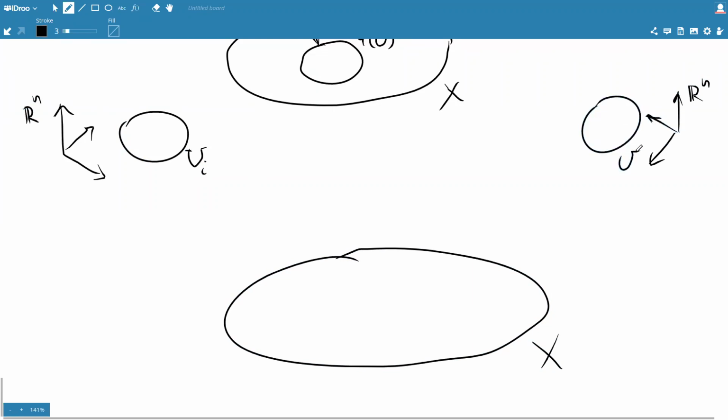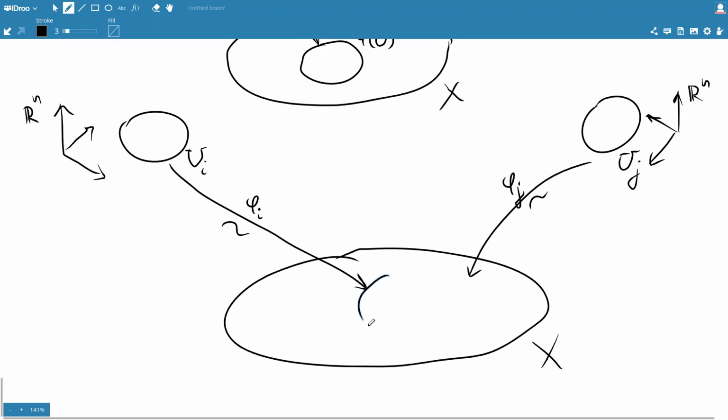So U_j, and assume that the images under the corresponding homeomorphisms, phi_i and phi_j, intersect.